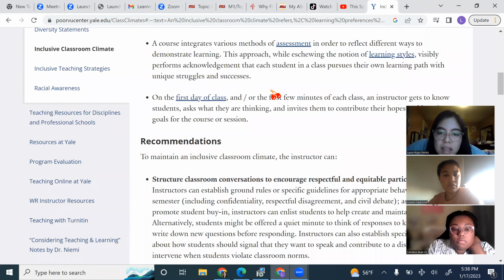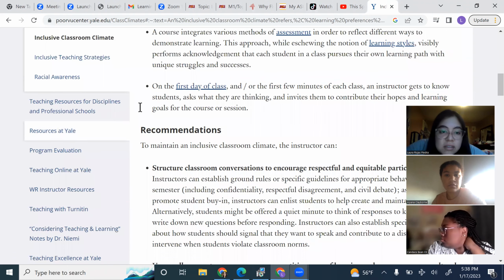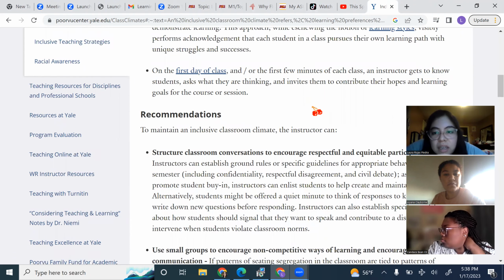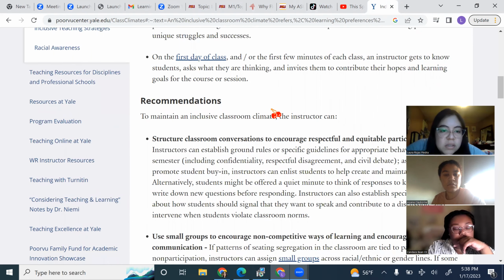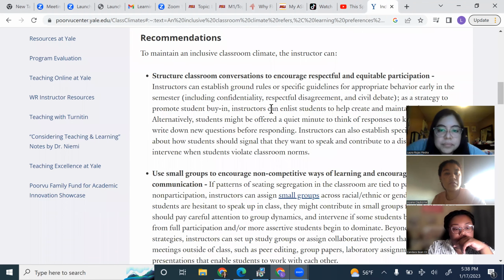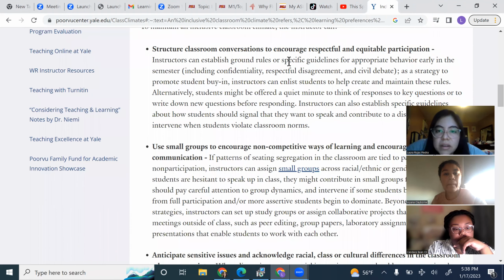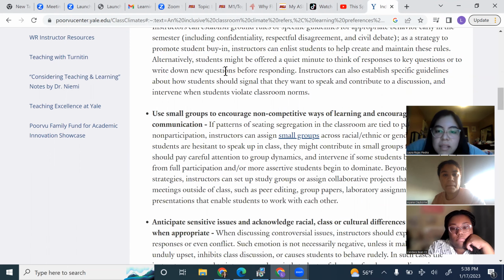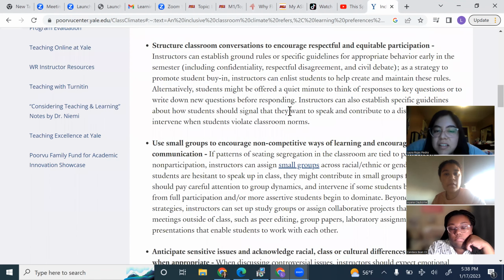On the first day of class, in the first few minutes, each instructor gets to know the students, asks what they're thinking, and invites them to contribute their hopes and learning goals for the course. We have to be respectful and equitable. I like that. Equity is like being fair. Yeah.